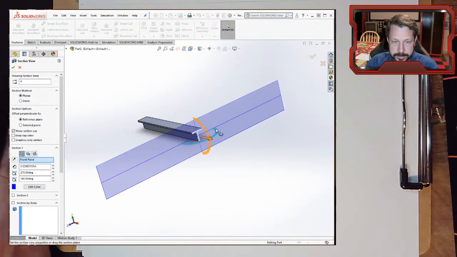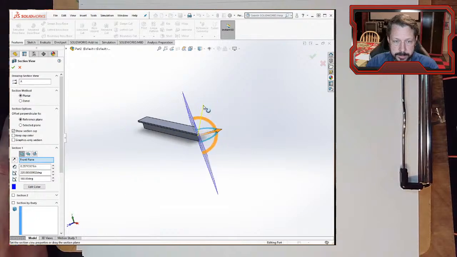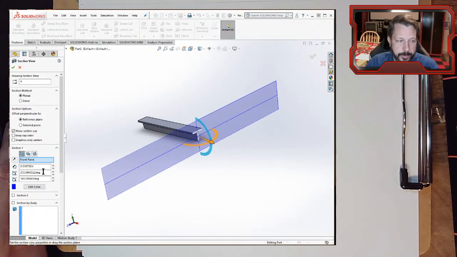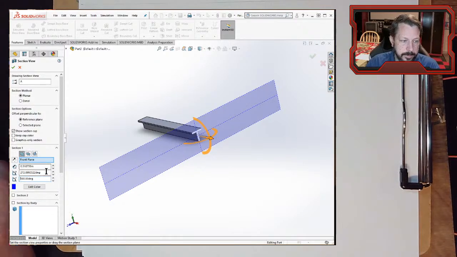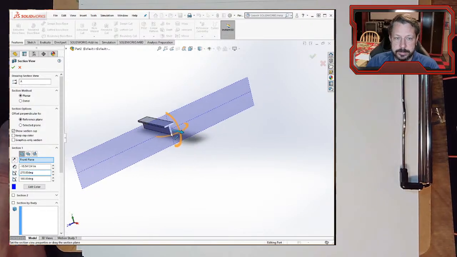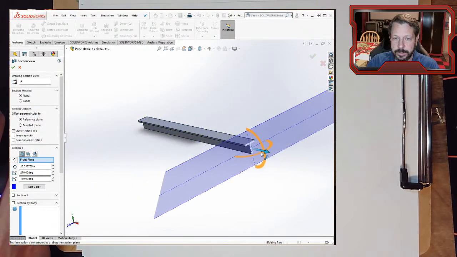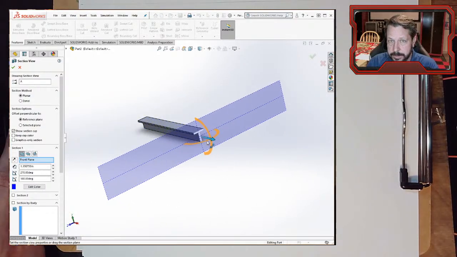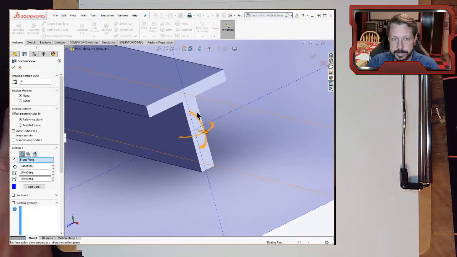There are lots of cross sections. We can make any cross section we actually want to make. All these different ones. We are only going to deal with cross sections that are perpendicular to the longitudinal axis. So this beam is long this way, it has a longitudinal axis this way, and the cross section that we're going to talk about is perpendicular to that. So it looks like this. So it looks like a little T.